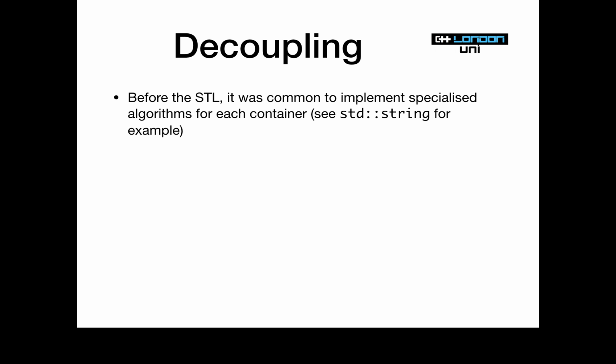And you can imagine we could hypothetically have, if we wanted to sort a vector, we could write a vector member function called sort. Well, then if you want to sort a vector, you probably want to sort an array as well, and probably want to sort some strings, don't we? So you can imagine you've got to write the same function, the same algorithm, again and again for each type of container you want to use.